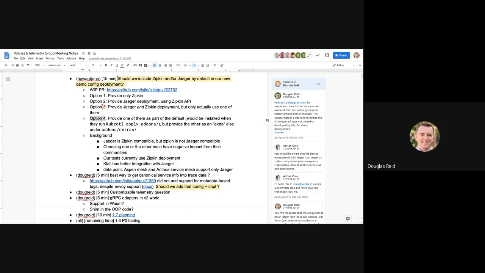And with Tetrate saying they use Zipkin and Skywalking and they like it, we could lean on them for getting that done and tested. So I'd be fine with option 4, given that you have someone in the community that would be advocating for those options.